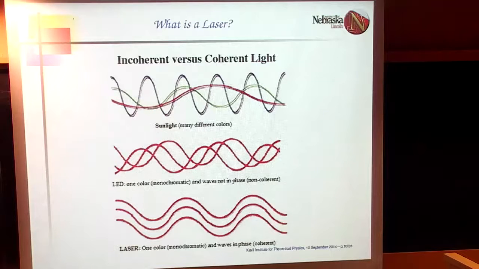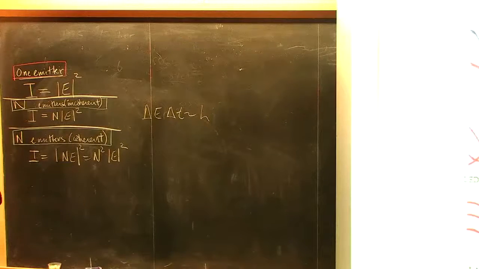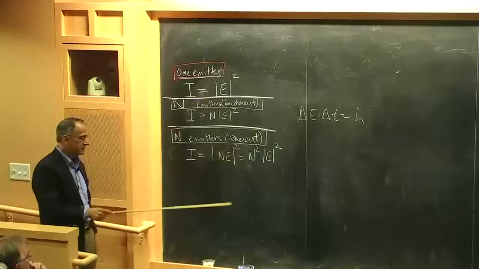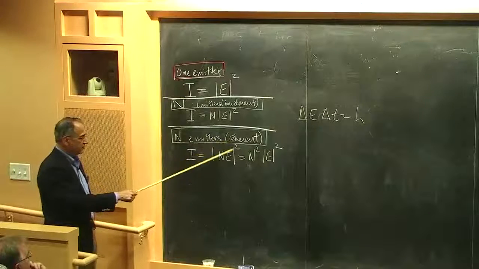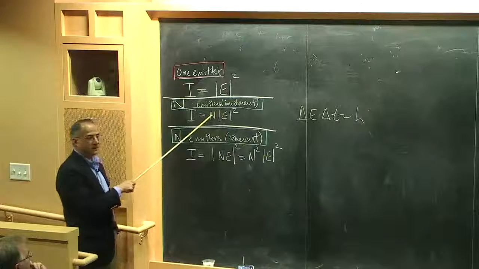The intensity is proportional to the absolute square of that field. If you have n emitters and they emit incoherently, you have n times the intensity of each one of them. But if they're coherent, then your electric field adds up. If you have n sources of this electric field, all emitted in tune with each other, then the intensity goes like the square, which gives you an n squared dependence rather than n dependence.